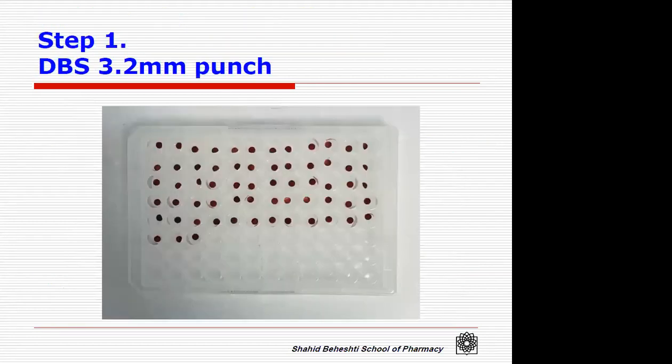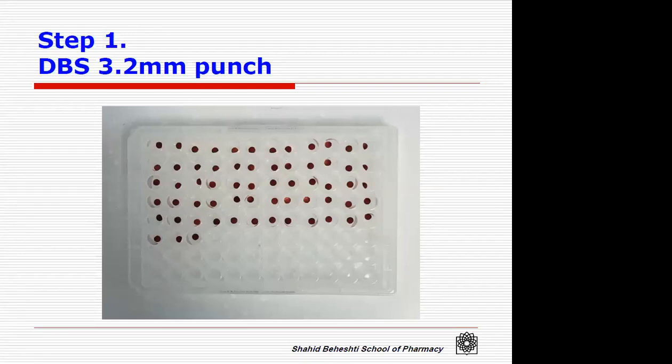See, we have 3 steps when we want to analyze the dry blood spot. As I said, the dry blood spot is taken from the heel of the newborn, the neonate, and it is dried on a filter paper. The filter paper is transferred to the lab, and when the dry blood spot is in the lab, we make a punch of the size of 3 to 3.2 millimeter in 96 well plates.